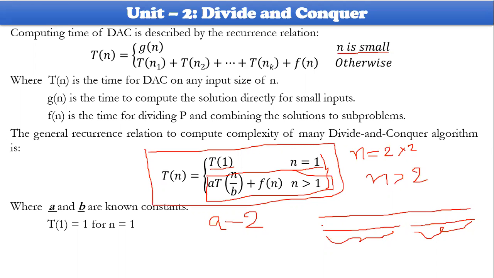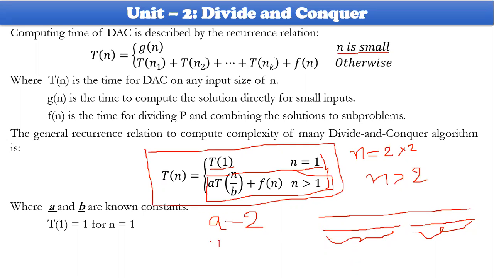Otherwise, only one sub problem can be taken into consideration, as in binary search. If you take a binary search, the mid value is greater than the element or the mid value is less than the element. If the mid value is greater than the element, the left sub problem will be eliminated. If the mid value is less than the element, the right sub problem will be eliminated. The right sub problem cannot be taken into consideration based on the condition.